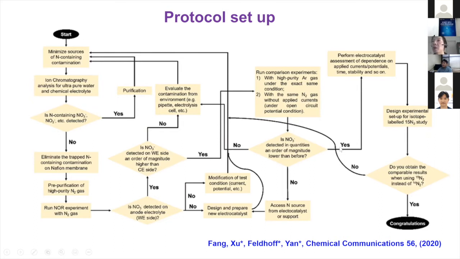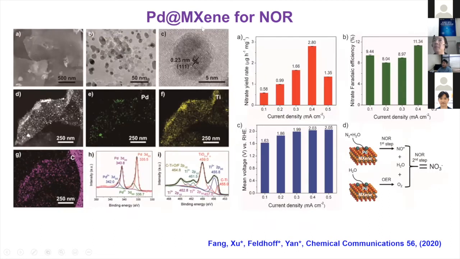The first work we tried used a palladium nanoparticle. The palladium nanoparticle does show a certain Faraday efficiency, although not very high, around 10%, and the yield is also not very high. The problem is that we didn't choose a very good catalyst for nitrogen oxidation.